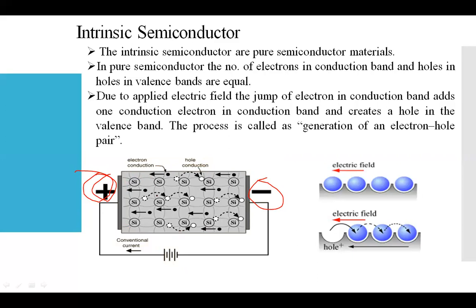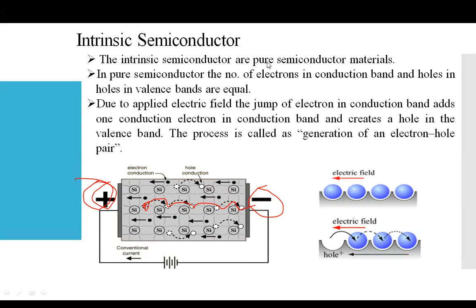When the electrons jump from the covalent bond, as suggested here, that creates a hole in the valence band, which is attracted towards the negative terminal. You can see the process going on here. See, this is one hole, right? It moves towards the negative terminal, and all the electrons move in the opposite direction, towards the positive terminal.